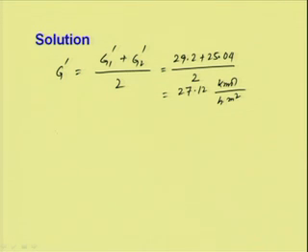It is given that Ky dash A is 0.07 kmol per meter cube second mole fraction.